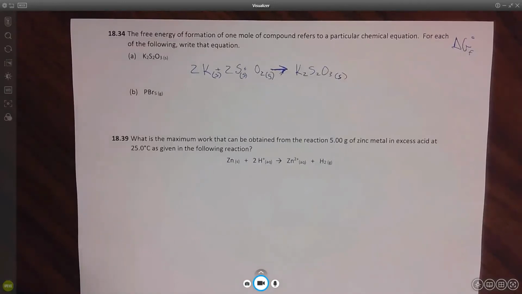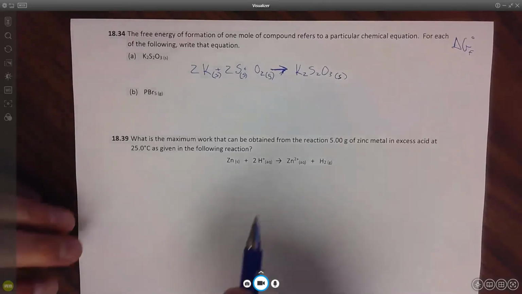I'm trying to think. Would you put 6/2? Would that give you 3? Or am I way overthinking this? It's actually much easier.